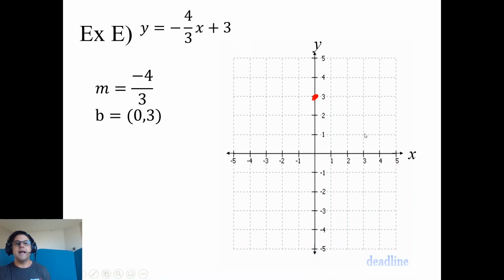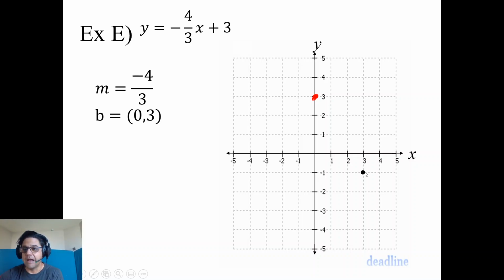Now I'm going to do my slope, which is down 4, right 3. So I'm going to go down 1, 2, 3, 4. Let me try that one more time for some of you. Down 1, 2, 3, 4. Now that I've done the -4, which is technically the rise, I'm going to run to the right. 1, 2, 3.